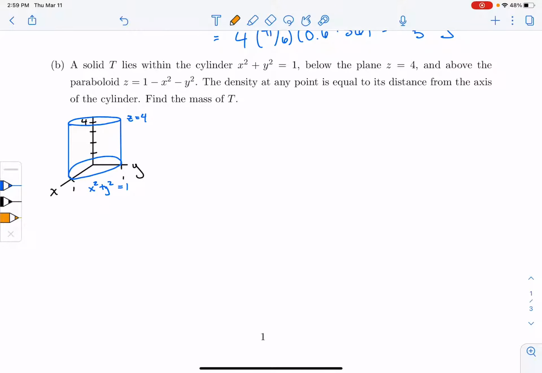And then I'm going to look at the solid as being below the plane z equals 4, and above the paraboloid z equals 1 minus x squared minus y squared.